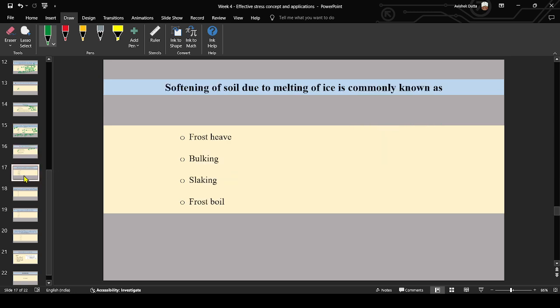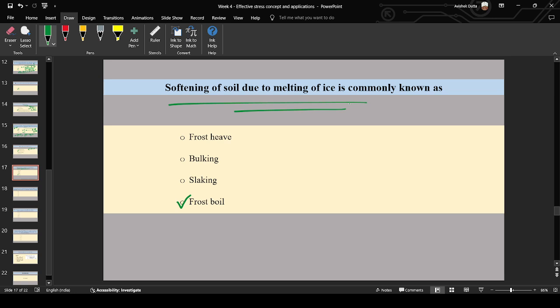Softening of soil due to melting of ice is commonly known as, this phenomenon is called frost boil. Actually, here I am talking about the capillary zone. When the ice melts, the volume changes and the soil softens. The exactly opposite thing happens when the water in the capillary zone freezes.